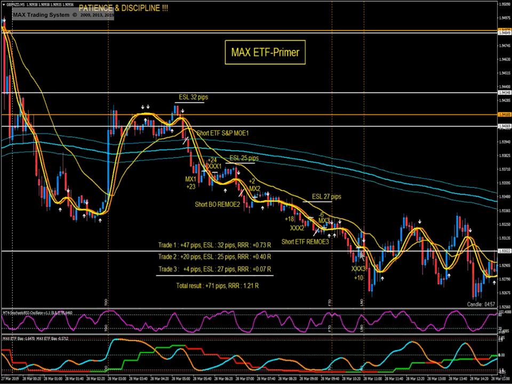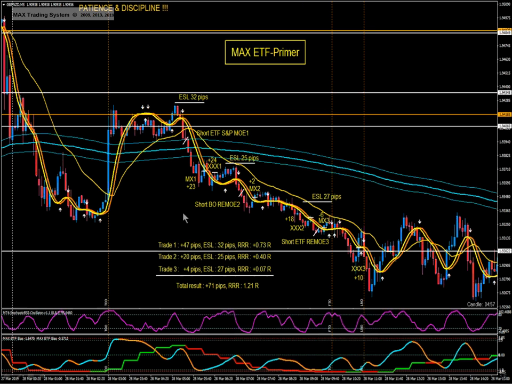And you can see, for example, the final exit has been made when the price was bouncing off from these max price levels. The entry, on the contrary, has been made on the right side of this group of two max price levels. This is the kind of result these three trades have given, for a total of 1.21R. But the same movement with the max standard gives something different.